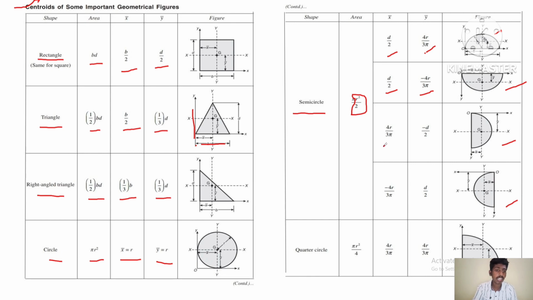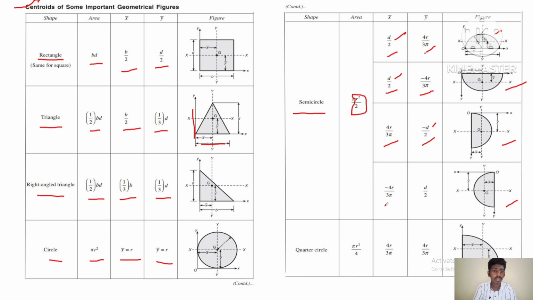When the semicircle is towards the right side of the y-axis, the x distance is 4 times its radius divided by 3 times pi, and the y distance is minus d by 2, that is minus half of the depth. Here d does not represent depth, it actually represents diameter.